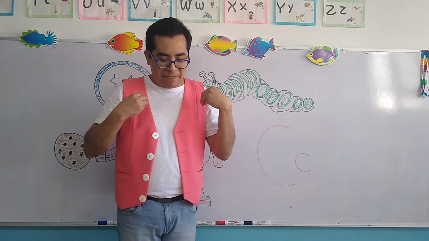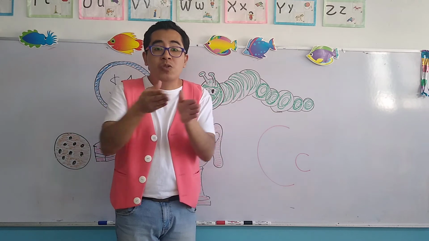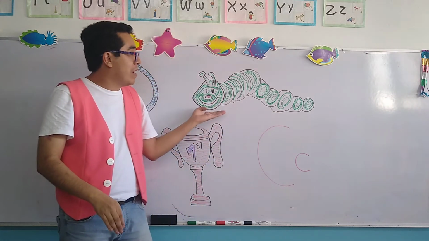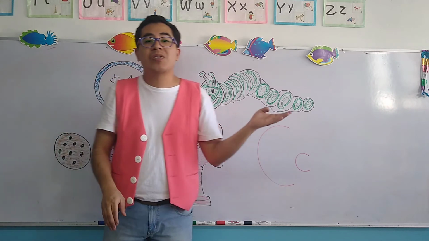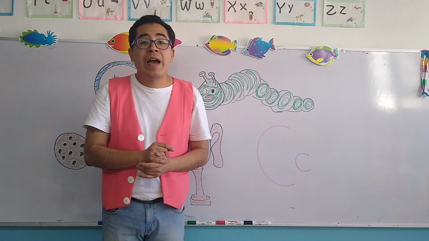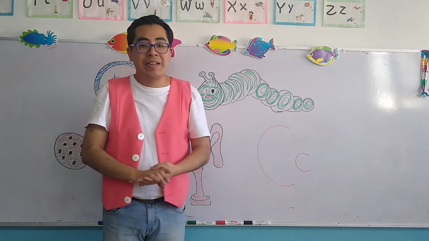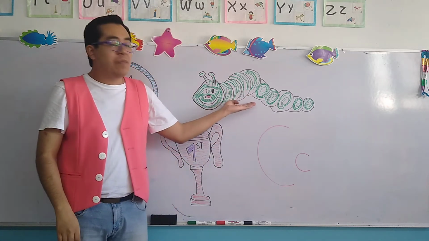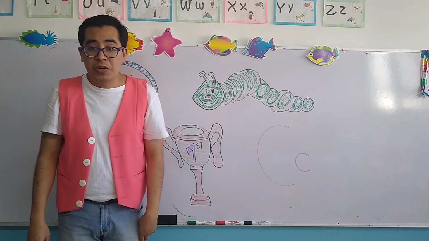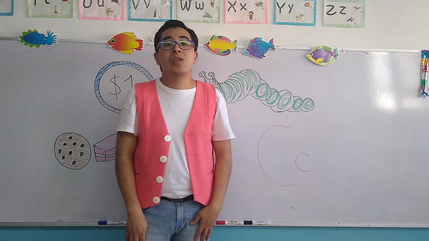No tiene patas como las arañas. Se mueve como el gusano, like a worm. And in this occasion, caterpillars, las orugas, are completely green and they have antennae, okay? Y contienen antenitas. So we have the caterpillar right here. Caterpillar is an object that once again begins with the letter C, small c.